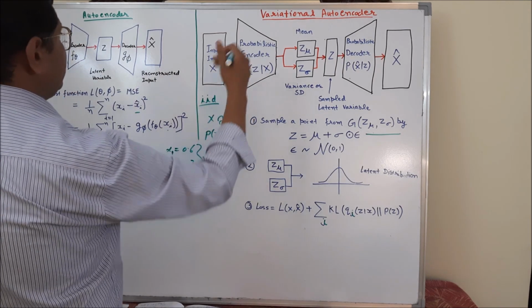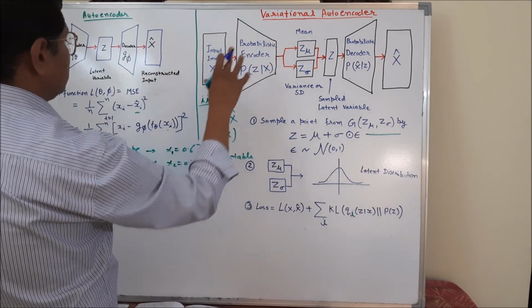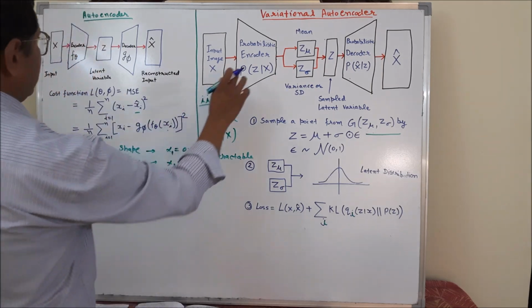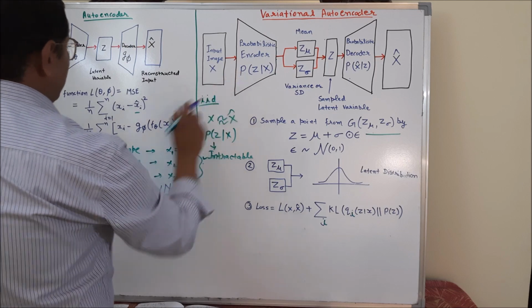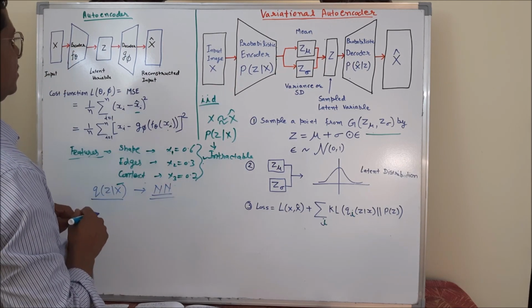Means we assume that instead of the probabilistic encoder, we achieve the same thing through a neural network, some combination of neural network architectures. We represent this as a different probability distribution.